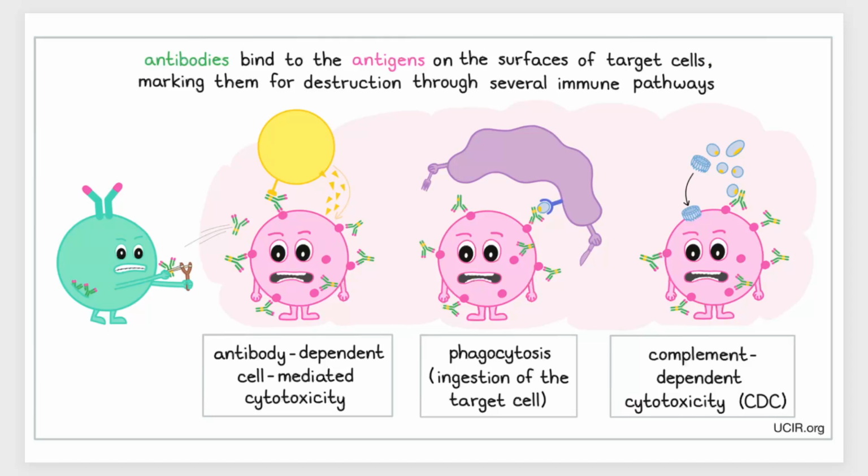And then you have complement-dependent cytotoxicity. Basically, a complement cascade of events takes place, and at the end of that, you get something called a membrane attack complex, or MAC, that's going to punch holes in that cell, resulting in it lysing and being destroyed.